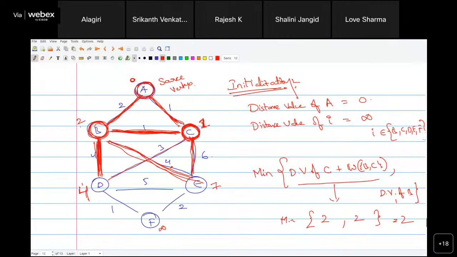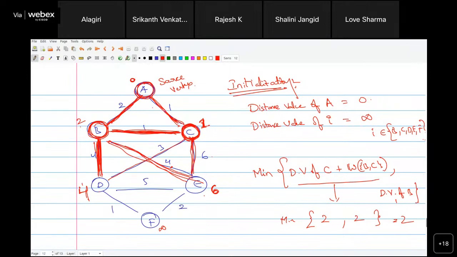So the distance value of E will be the minimum of 2 plus 4 comma 7. 2 plus 4 is 6, so the minimum of 7 comma 6 will be 6. So like this, I will update to 6.